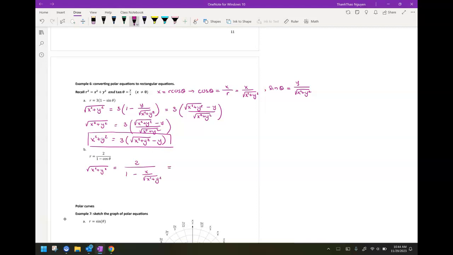We can simplify by multiplying the numerator and denominator of the right hand side by square root of x squared plus y squared. And that's all we get.